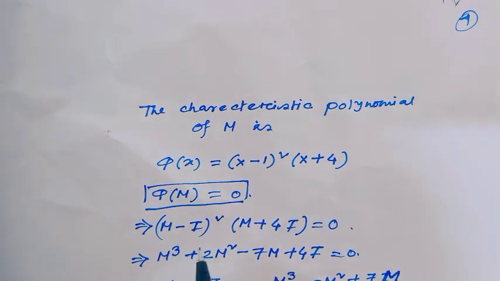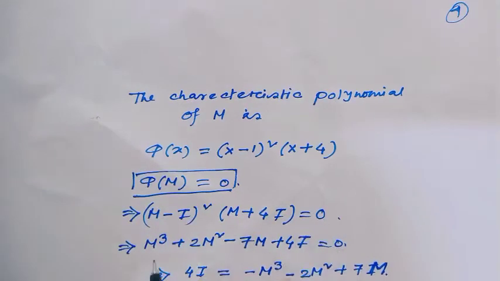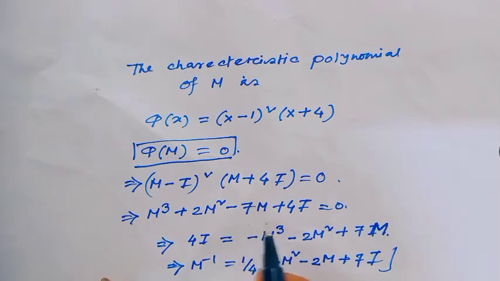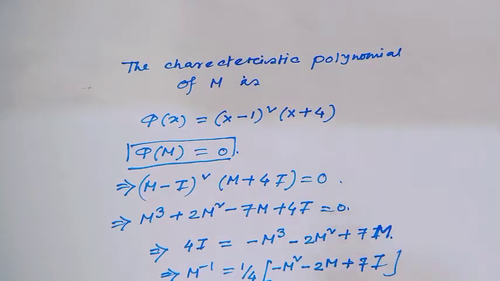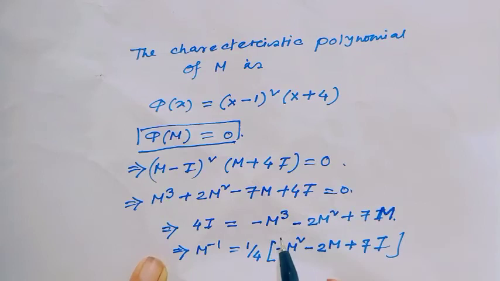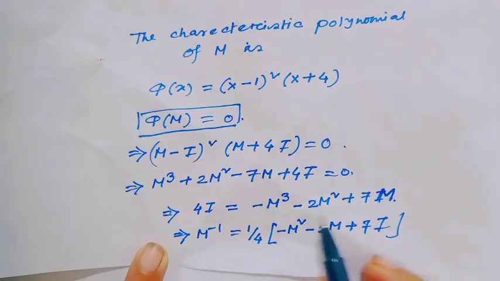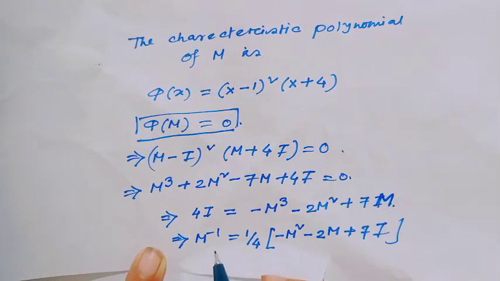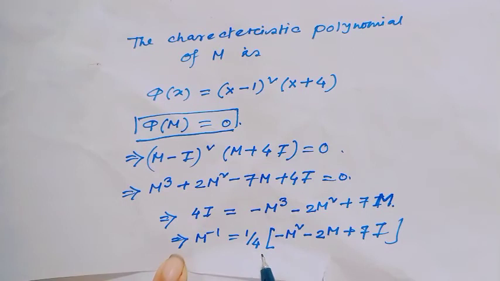That means M minus identity whole square times M plus 4I equals 0. That implies M cube plus 2M square minus 7M plus 4I equals 0. That implies 4I equals minus M cube minus 2M square plus 7M. Now multiply this equation by M inverse on both sides. Then I get M inverse equals 1 over 4 times minus M square minus 2M plus 7I.